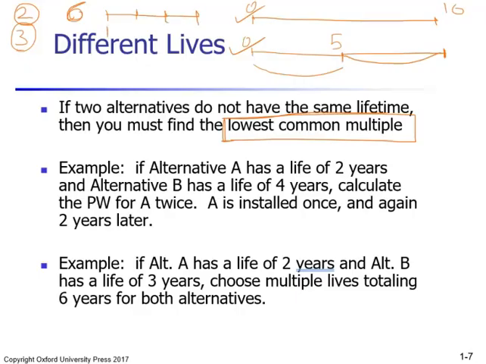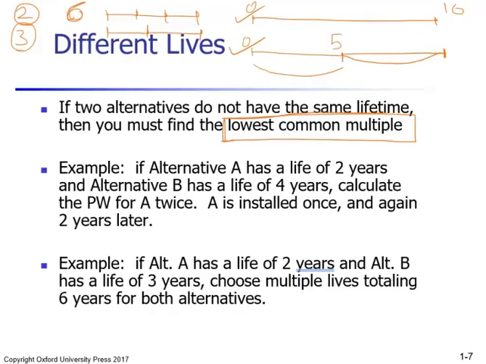The second machine, you are considering it over 2 lives. So you see, now the comparison would be fair. Makes sense. And as you can see in the slide in front of you, if 2 alternatives do not have the same lifetime, then you must find the lowest common multiple. That lifetime is very important.